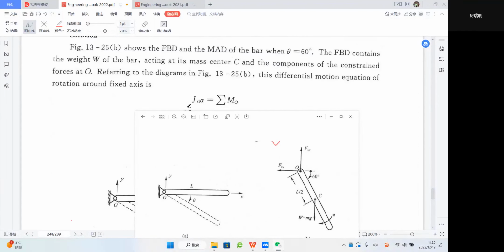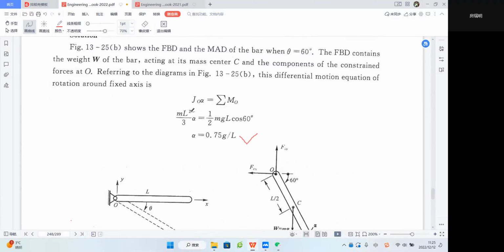You see, we just need to use I_O alpha equals sigma M_O of F, right? So you only need to write I_O, which is one third m L square, alpha equals the moments.